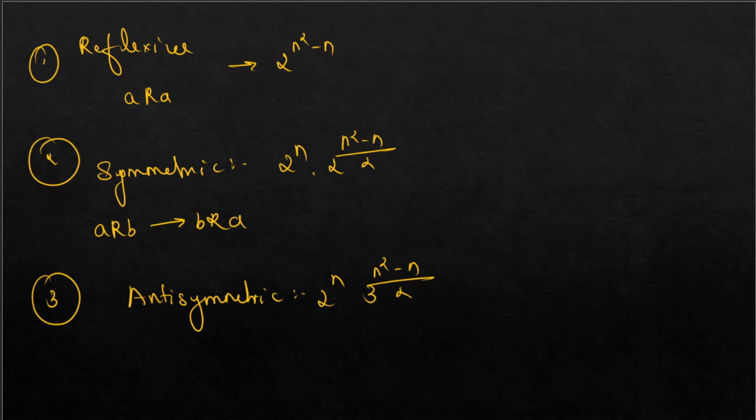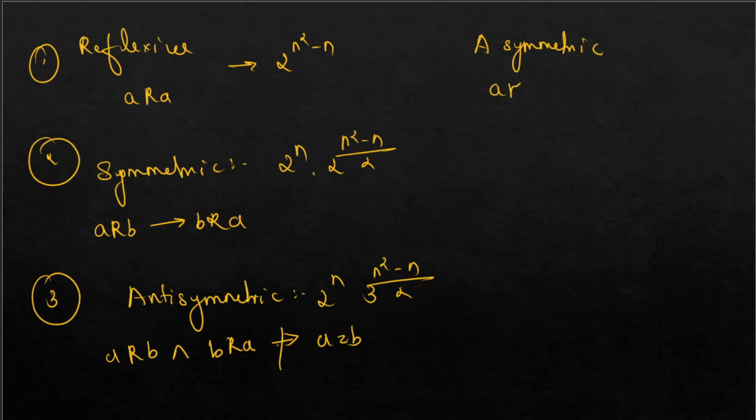Okay, anti-symmetric, you all know that A relation B and B relation A, if it is like this, then A is equal to B. Okay, asymmetric means A relation B implies B is not related with A. So this is, sorry, it's B. Okay, this is 3 to the power (n square minus n) by 2.